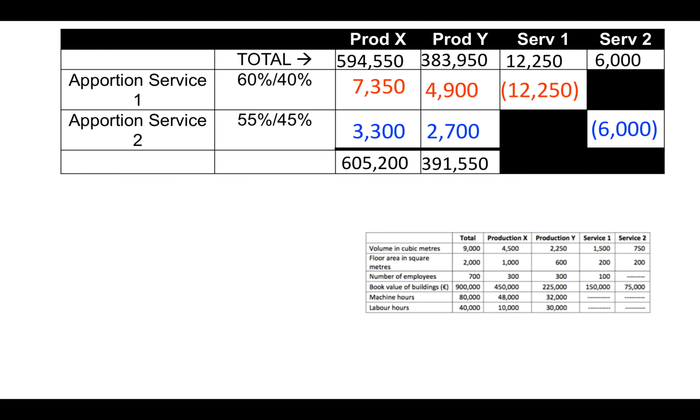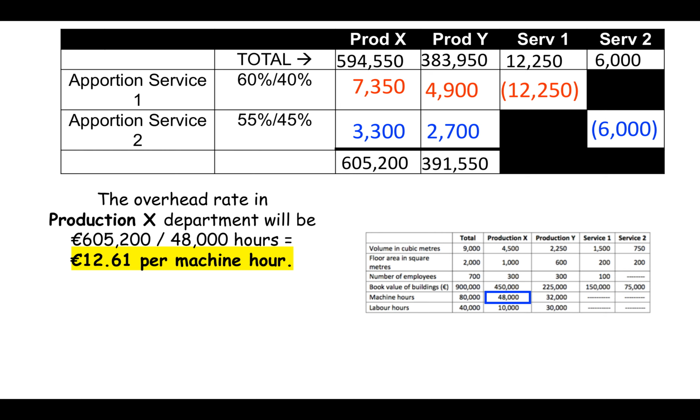So what we're going to do is look at production X first of all. The overhead rate in production X department will be €605,200 divided by 48,000 machine hours, which is equal to €12.61 per machine hour.